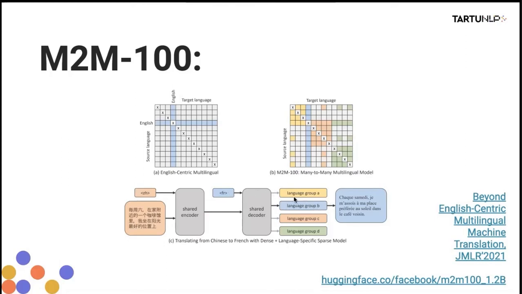This part of the model is only trained when a Romance language is specified at the output. And then language group A is trained only with these yellow languages, the red ones are handled by the special part of the decoder in language group C, green ones in language group B.